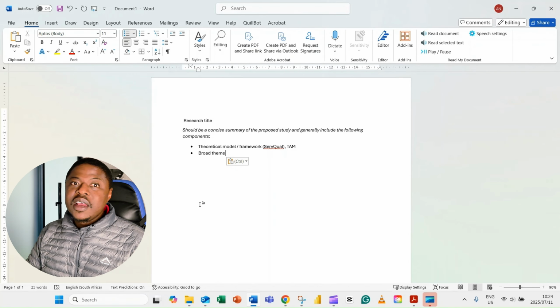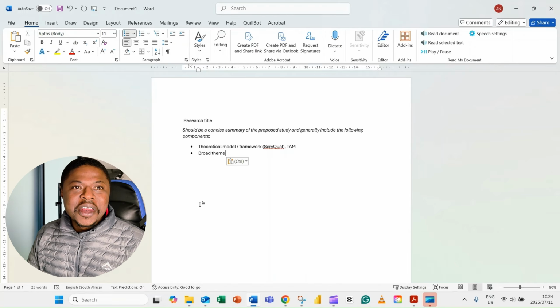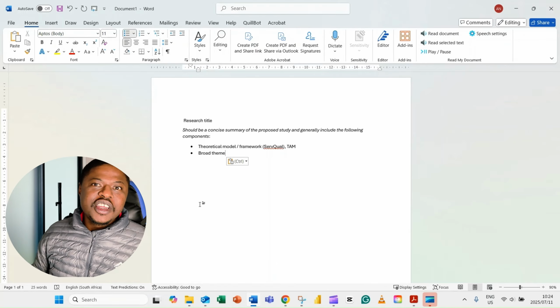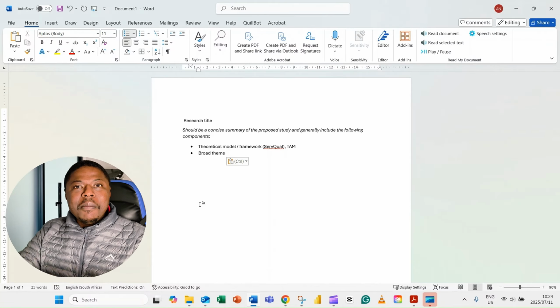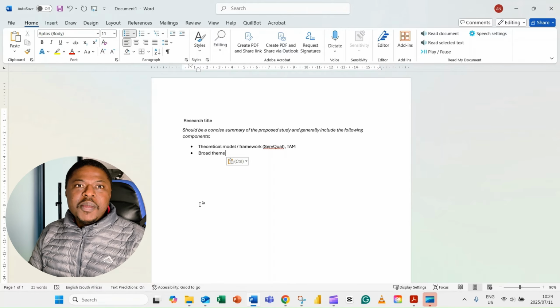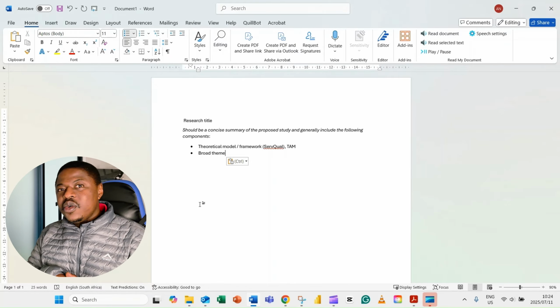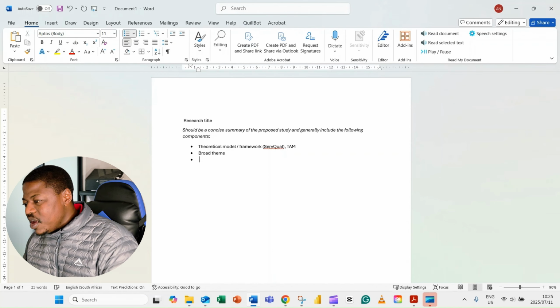Is it medical biokinetics? Maybe it's construction, the quality of whatever in construction, so the broad theme would be construction, and maybe you're looking at the psychology side. But you need to have a broad theme.